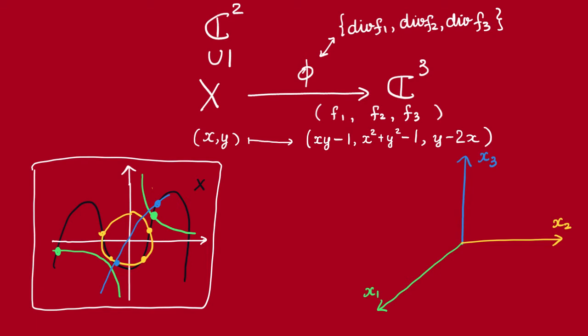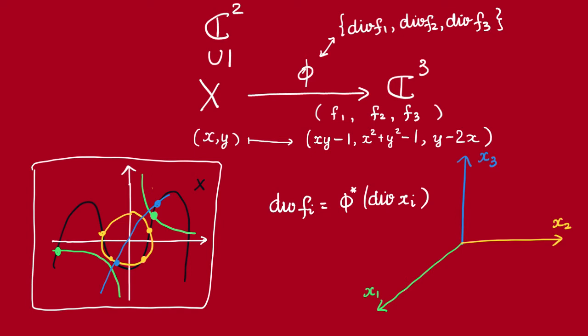So do you see now how we can rephrase this divisor? Observe that div Fi is just going to be the pullback of the divisor of xi, where the xi are the coordinates of the codomain C3. Why? Because, for example, to find the zeros of F1, to find div F1, what did we do? We just set this first coordinate equal to 0, right?